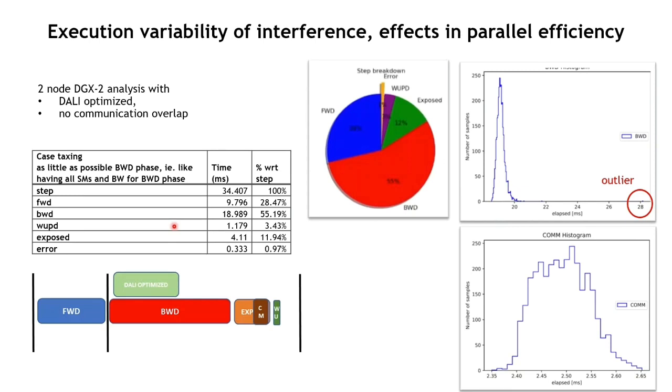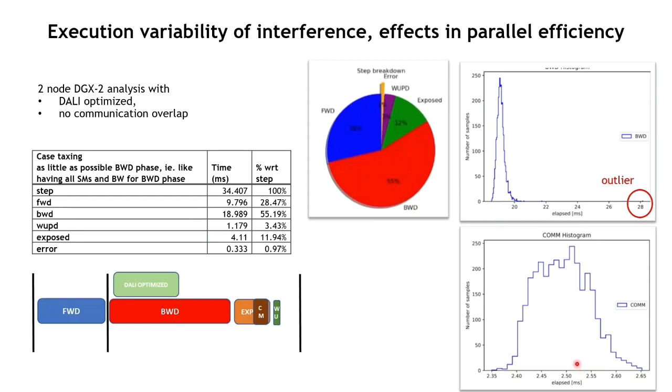Ideally, we would want to get rid completely of that exposed time by overlapping the communication with the backward stage, so we can reduce as much as possible the exposed time. From parallel efficiency standpoint, we can assess that 4.1 milliseconds of exposed time minus 2.5 milliseconds spent on necessary communication for the reduction of the gradients leaves only 1.6 milliseconds of no execution out of the 34 milliseconds of the total time of the training step.